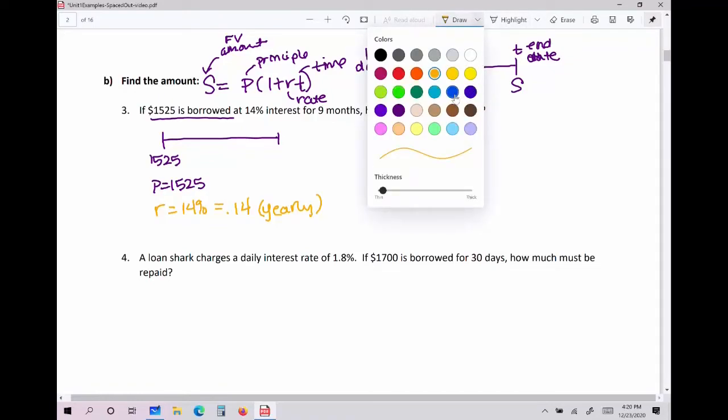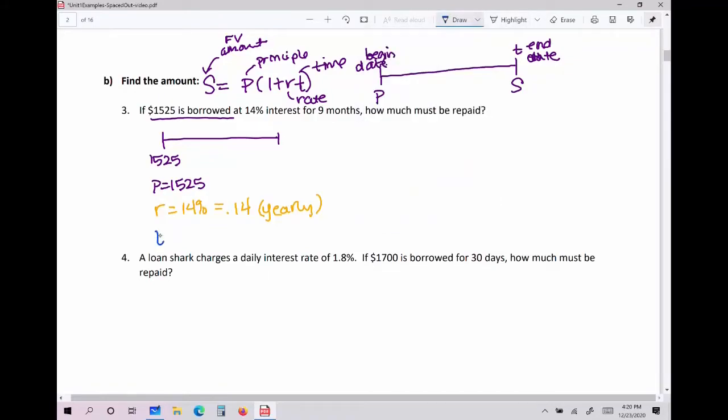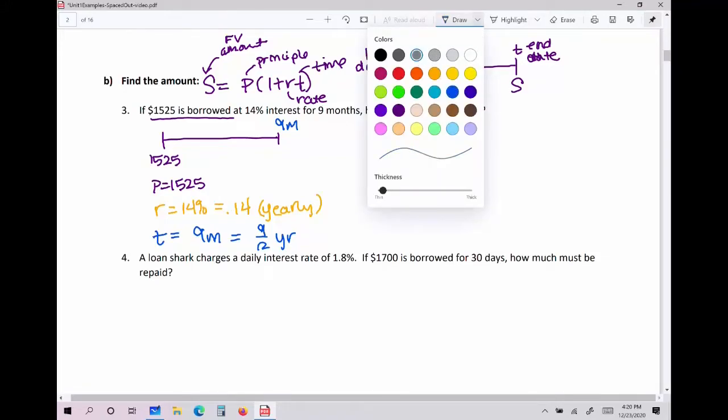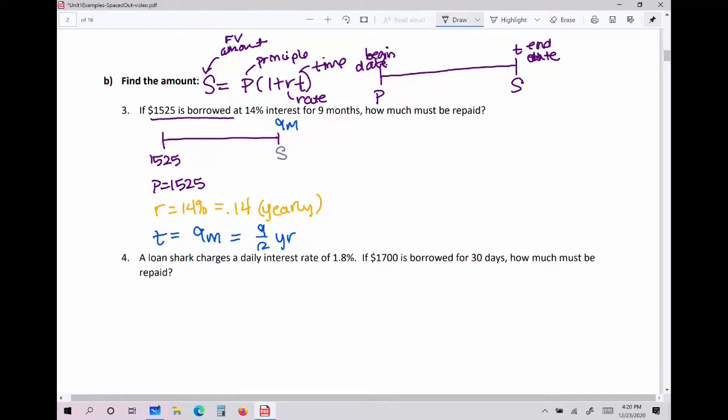Our T is 9 months. I use M to denote months, so that would be 9 months up here, or 9/12ths of a year. You can reduce that like the book does, but you don't have to. I would just leave it alone. And then our S that we're looking for is going to be down here.